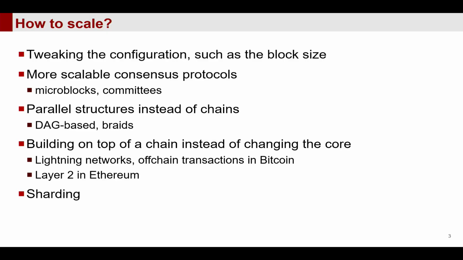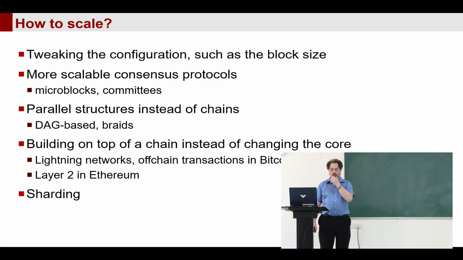So the first technique is that there are some configurations that affect the scalability. The most prominent one, the most famous one, is the block size. The second technique is to try to use more scalable protocols. How do we do more scalable protocols?